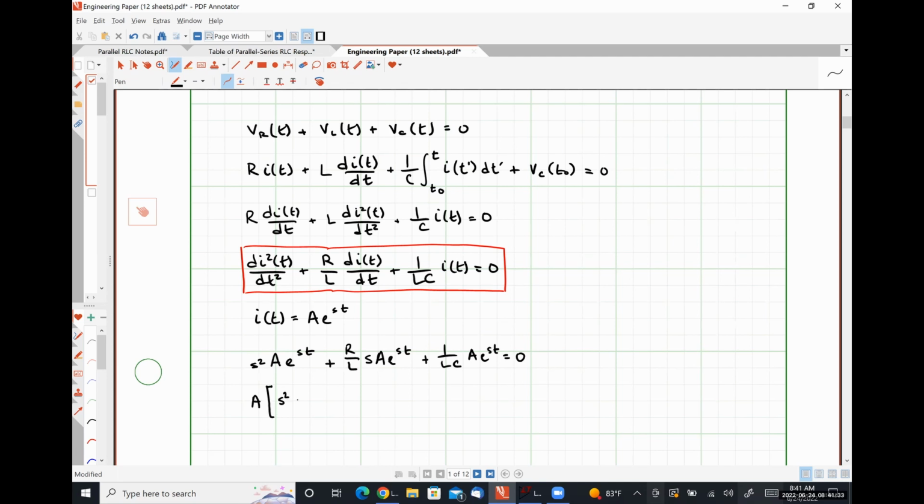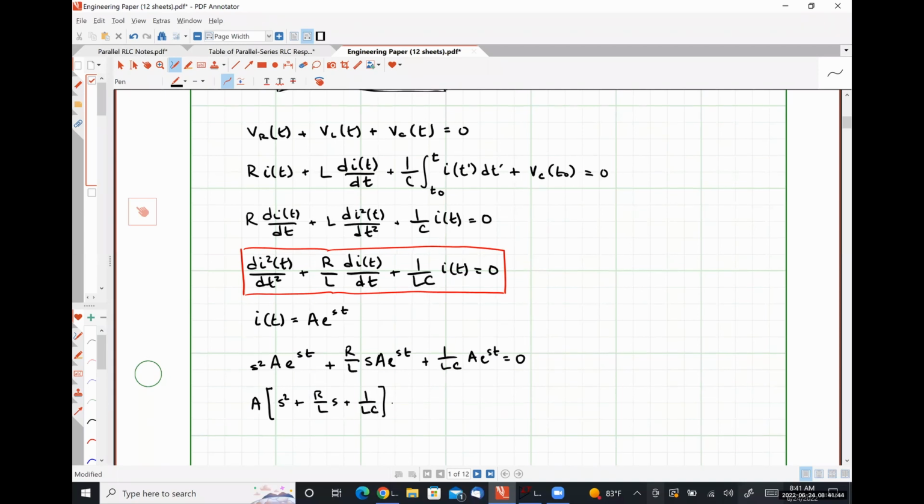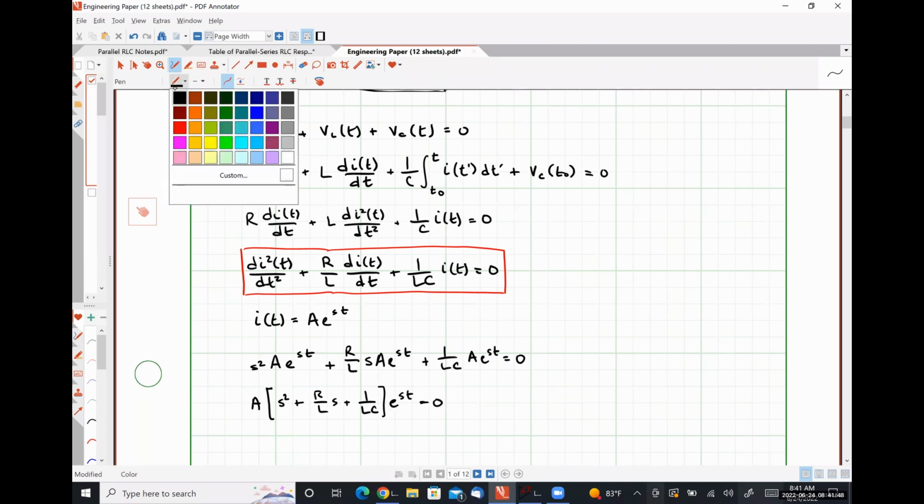Inside these brackets, I will have s squared plus R over L times s plus 1 over LC, times e to the st is equal to 0.